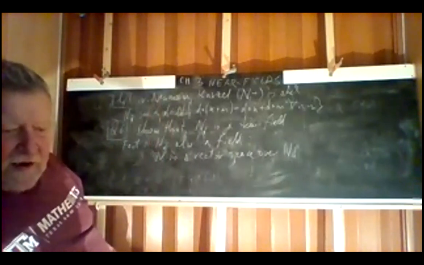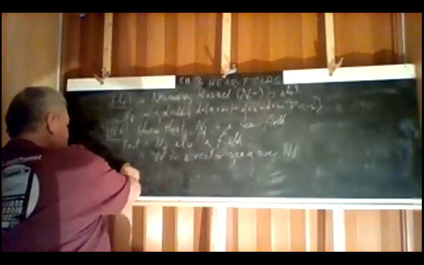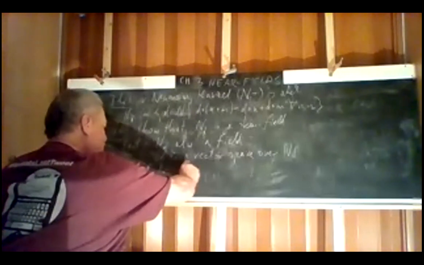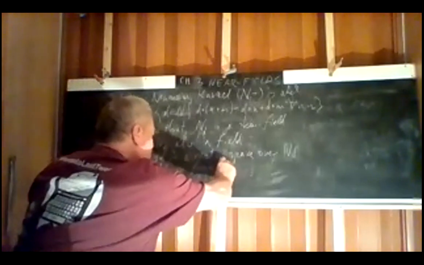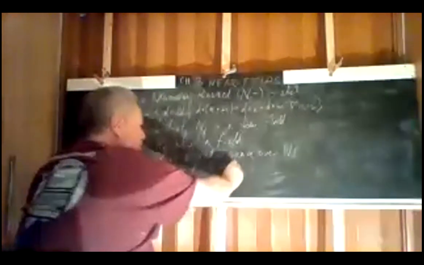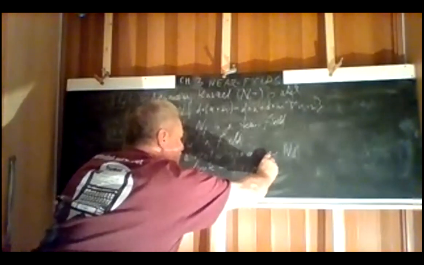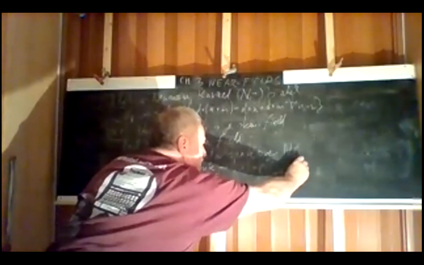And this means that if N is finite, then the size of N must be some p to the n for p prime.